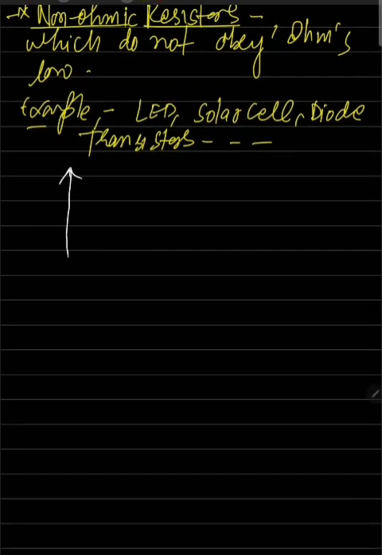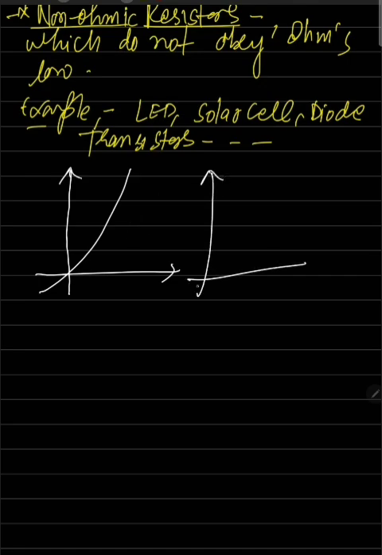And the graph of a non-ohmic resistor is not linear. It is like some curved path. It will be like that also, or it will be like that also.